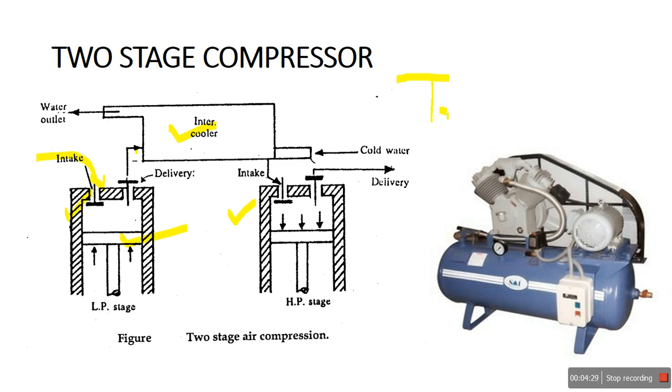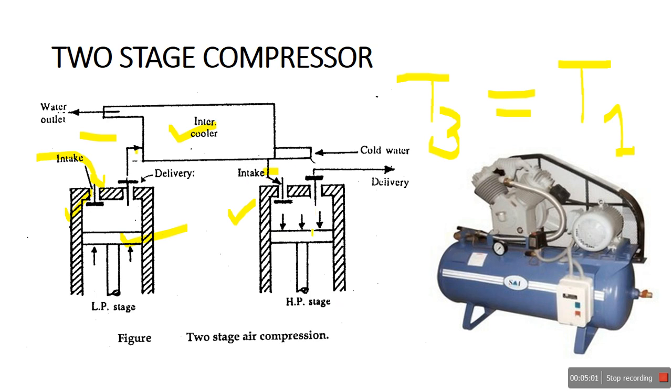Our purpose is to achieve an outlet temperature T3 equal to the temperature at the inlet of the low pressure cylinder, T1. If we achieve T3 equal to T1, it is called perfect intercooling. After that, the low temperature air enters the high pressure cylinder.